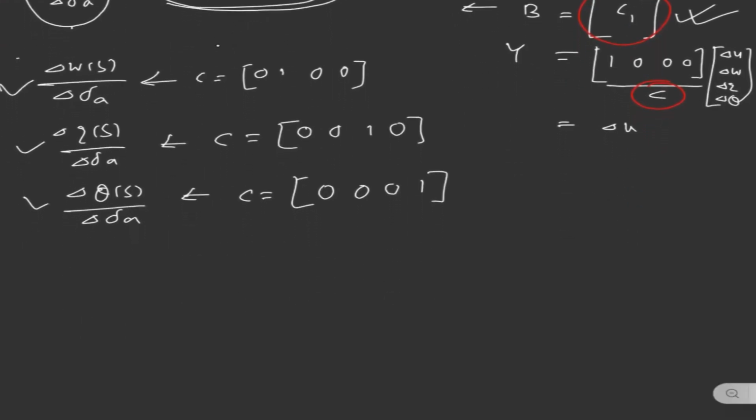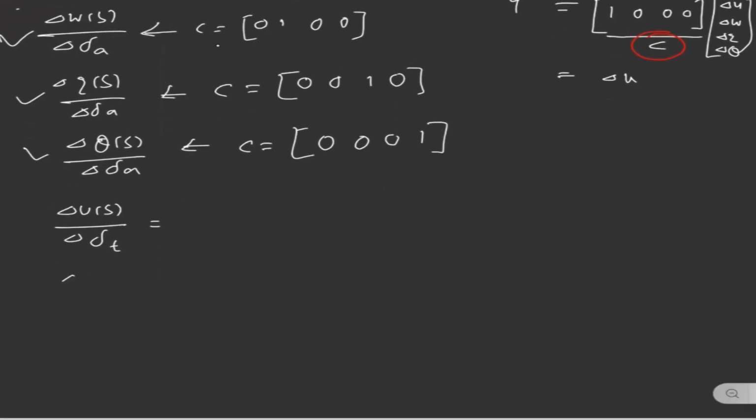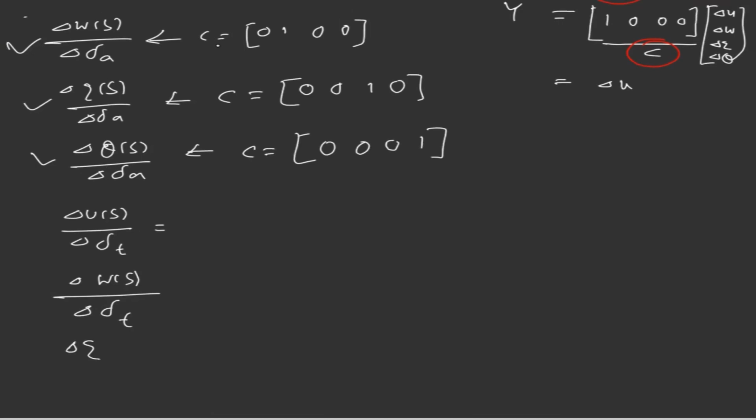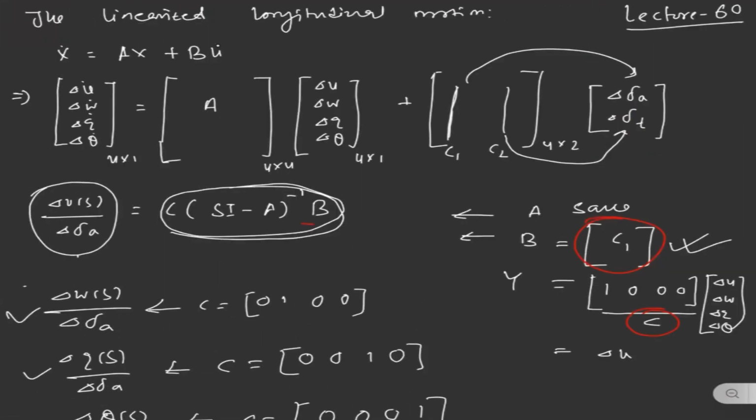Similarly, if you want to find delta U(s) with respect to delta delta T, let me first write delta W(s) with respect to delta delta T, delta Q(s) with respect to delta delta T, and delta theta(s) with respect to delta delta T. For these transfer functions, our A matrix will be the same, but B will be the second column of the control matrix.